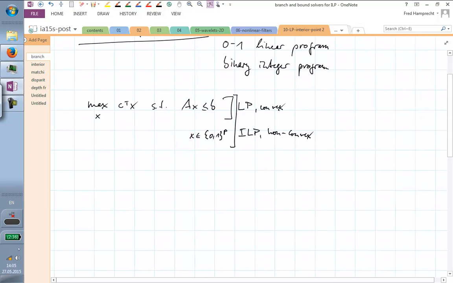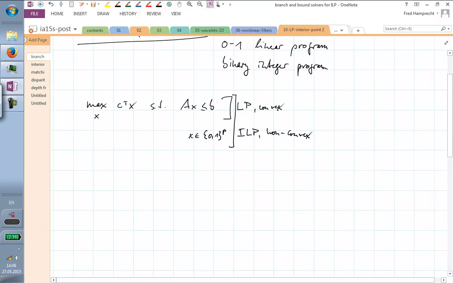So let's look at what this means geometrically speaking. We have a matrix, this matrix A here, and I can consider the rows of A. So the first row, I will call it A1 transpose, and so on, up to AM transpose.